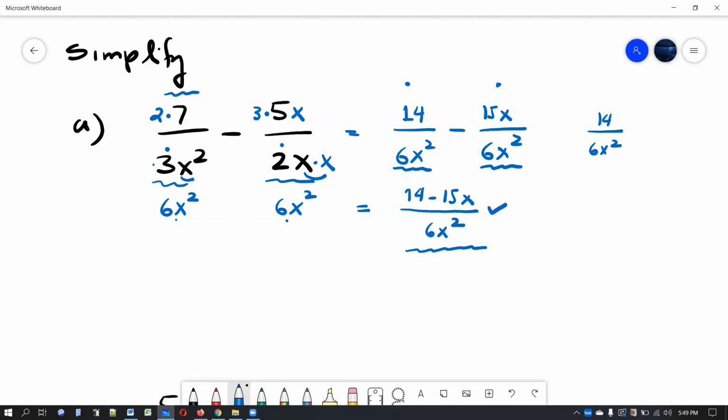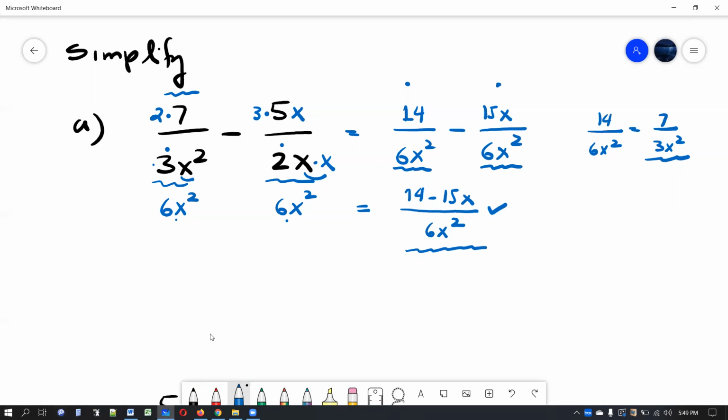If I simplify by 2, 14 divided by 2 is 7, and 6 divided by 2 is 3. This is exactly what I started with, so the fraction is correct. The same goes for the 15x over 6x squared.